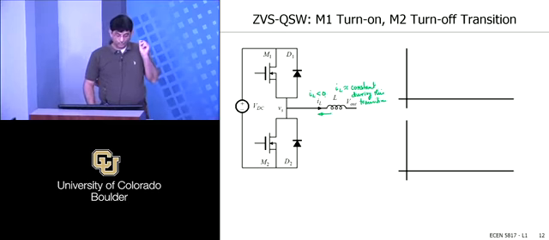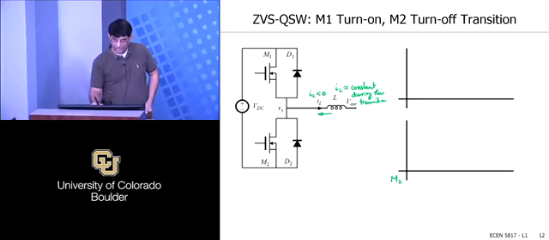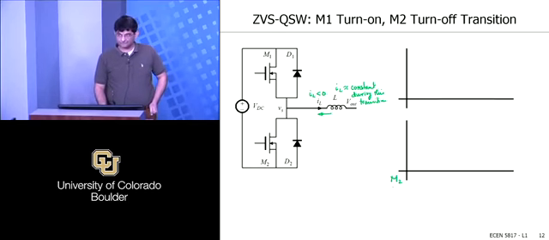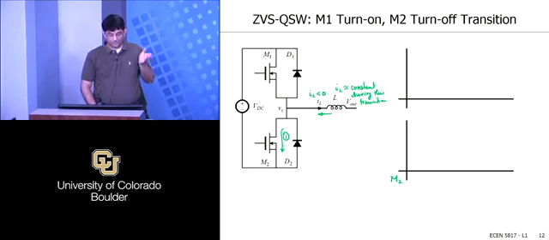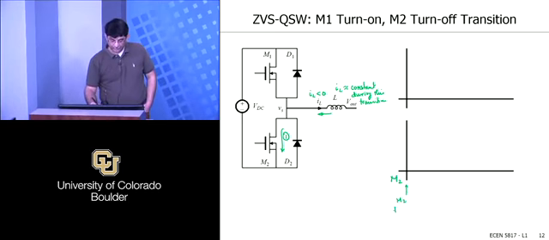And so the state that I'm going from is M2 is on, and the current is now actually flowing through M2 in this direction. That's my beginning state. What I'm going to do again at this point is M2 turn off. I'm going to just turn M2 off.